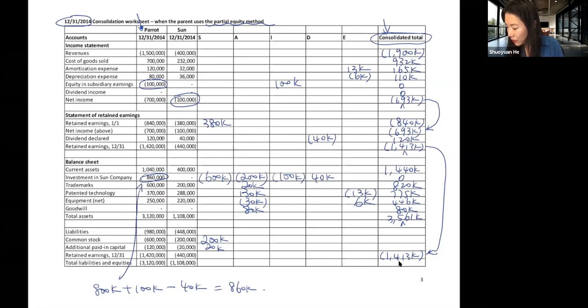Your liabilities will add up to 1,428,000. Common stock 600,000. Additional paid-in capital 120,000. And your total liabilities and shareholders' equity will add up to 3,561,000.